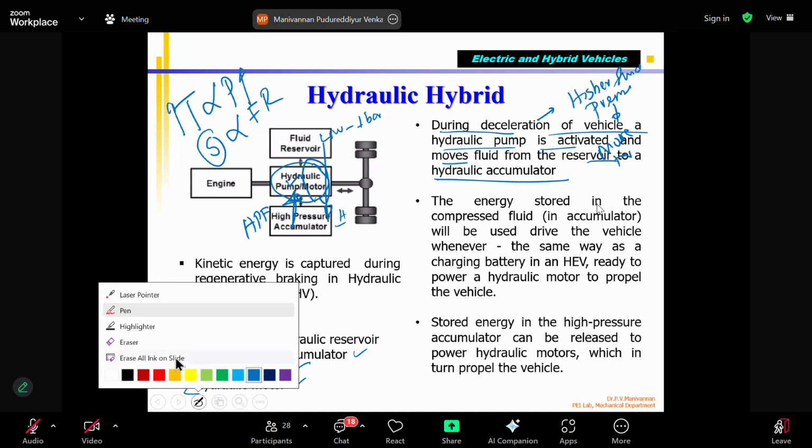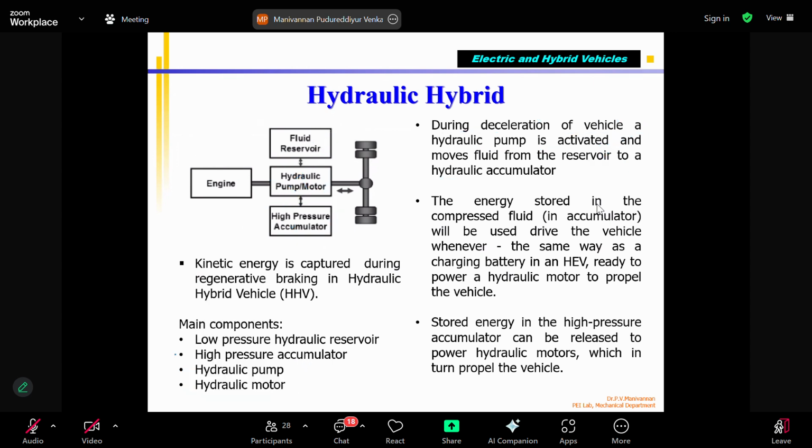Okay. So the energy stored in the compressed fluid, that is in the accumulator, will be used to drive the vehicle whenever needed. Correct? Same as charging the battery in a hybrid electric vehicle, it is ready to power the hydraulic motor to propel the vehicle. In the electric case you use an electric motor; in this case, the hydraulic motor will be used additionally.